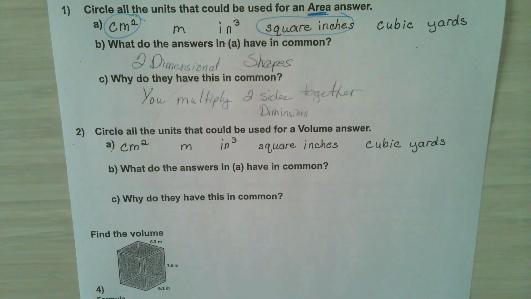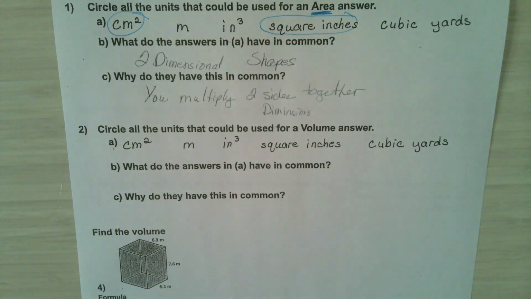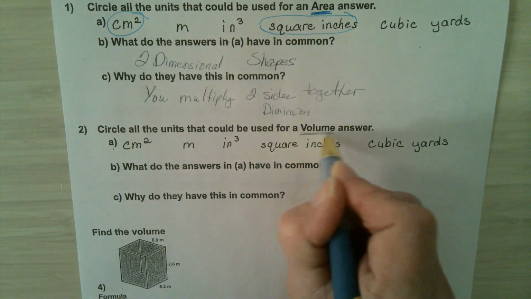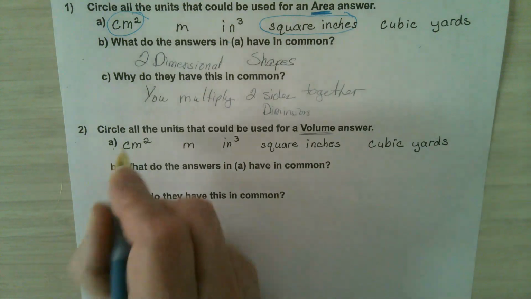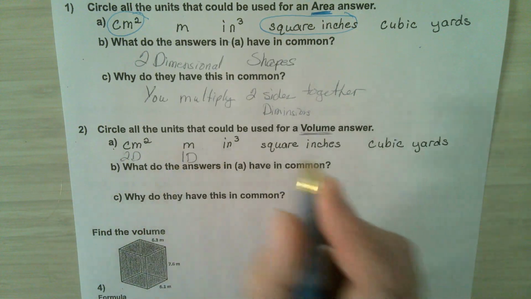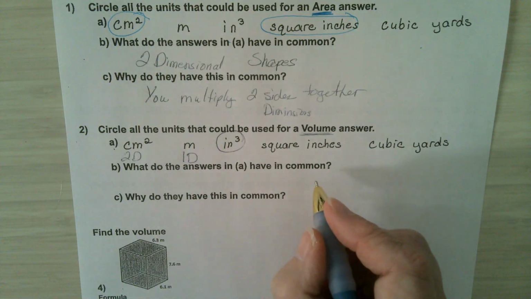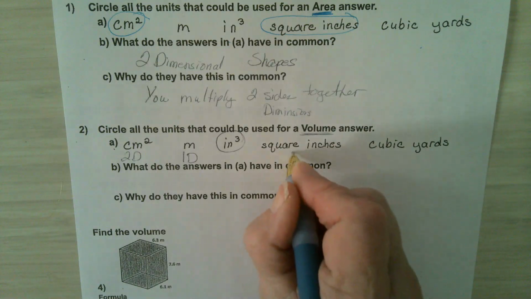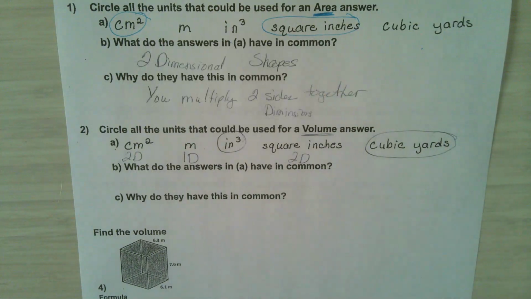Number 2 says circle all the units that could be used for a volume answer. Volume is 3-dimensional. So this is a 2D answer. That's a 1-dimensional answer. That one's a 3-dimensional. Square inches is a 2D answer. Cubic yards is a 3D answer. It's a volume answer.